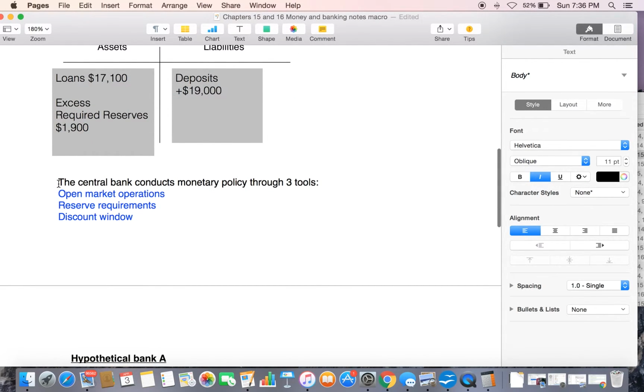So now the implication of this is that we have a central bank, and our central bank is called the Federal Reserve Bank, and it has three tools that can be used to alter the money supply. They can use open market operations, which is the buying and selling.